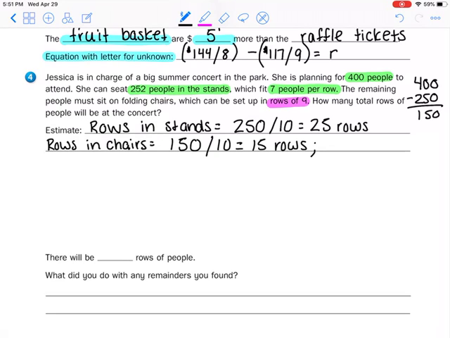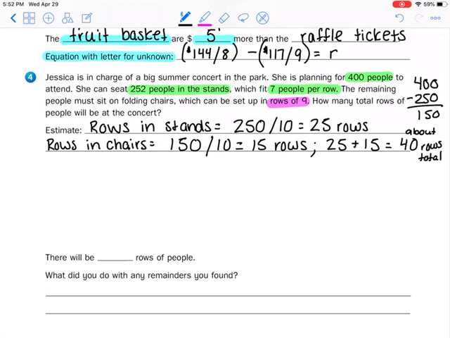Now, you're going to take that 25 rows plus 15 rows. So she needs about 40 rows all together. About 40 rows total to seat all 400 people.